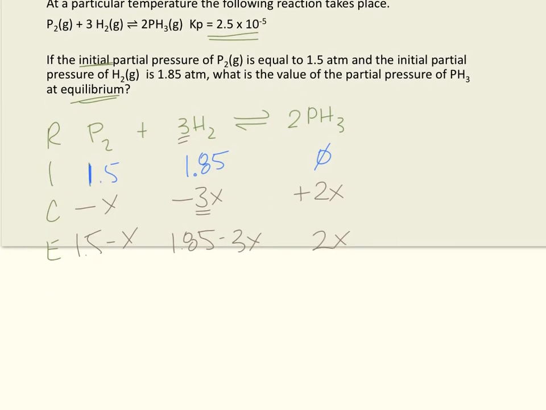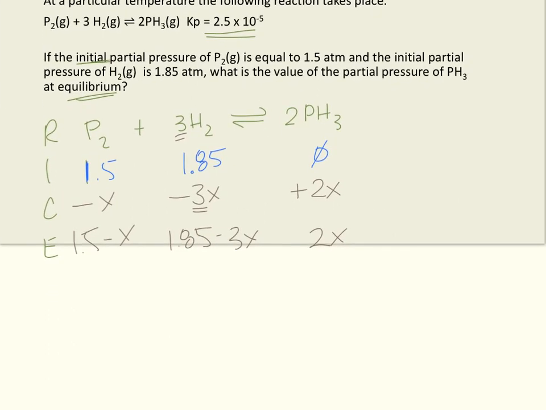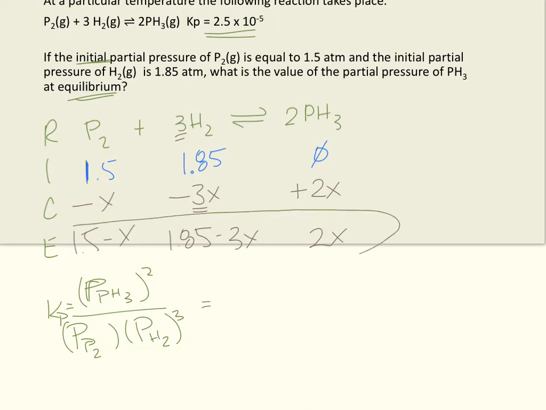Now to solve, I'm going to put this in my K, and my K would be equal to, this is Kp, the partial pressure of PH3 squared divided by the partial pressure of P2 times the partial pressure of H2 cubed. So I'm going to plug all of my equilibrium pressures into that.